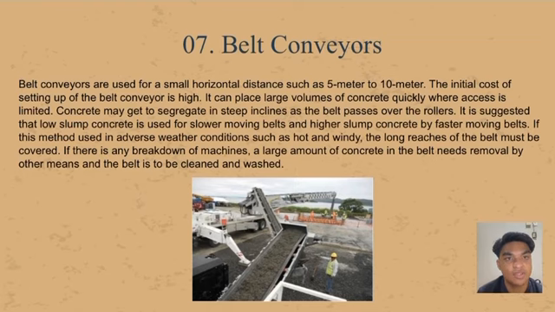It suggests that low slump concrete is used for slower moving belts and higher slump concrete for faster moving belts. If this method is used in adverse weather conditions such as hot and windy, the long reaches of the belt must be covered. If there is any breakdown of the machine, a large amount of concrete on the belt needs removal by other means and the belt is to be cleaned and washed.